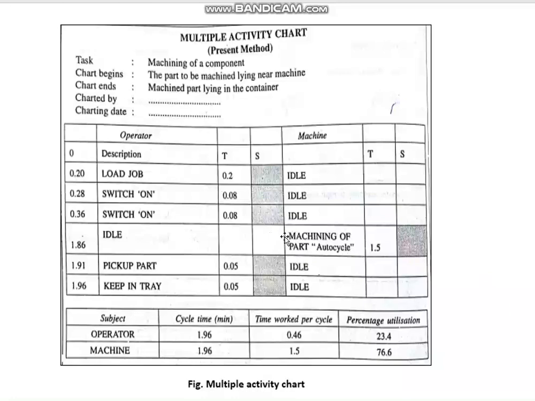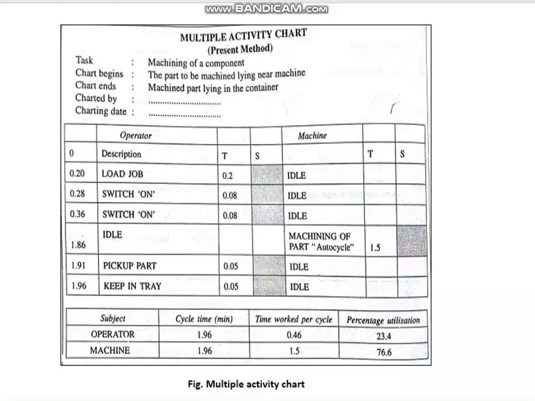He can attend to the other machine and start it and again come back here. Like that he can attend to two machines. That way, with the help of the multiple activity chart, you can utilize his man hours in a better way.